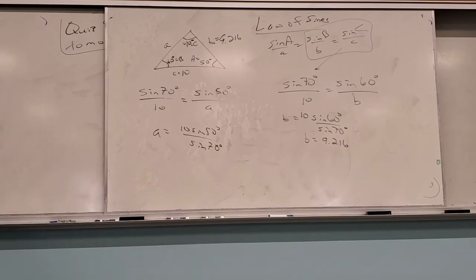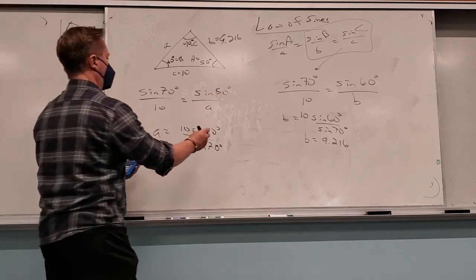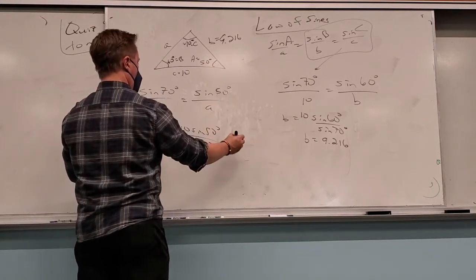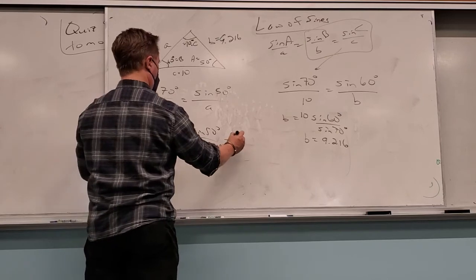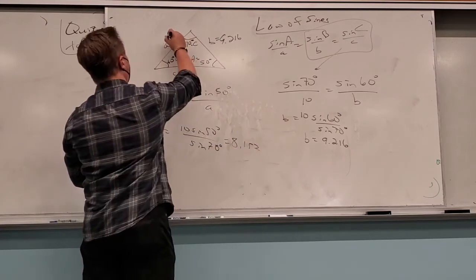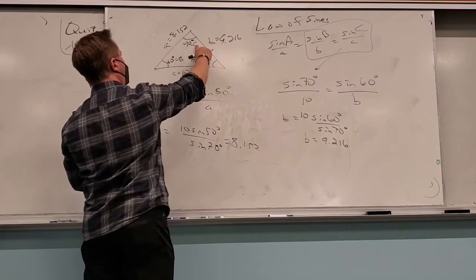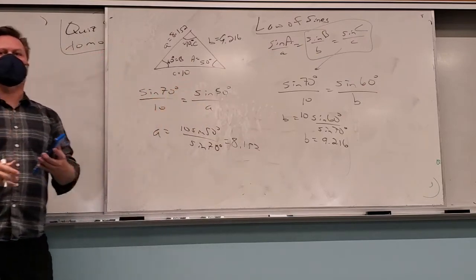And then use the old calculator. Okay. Was it 50? Yeah. So what do you guys get? 8.152.